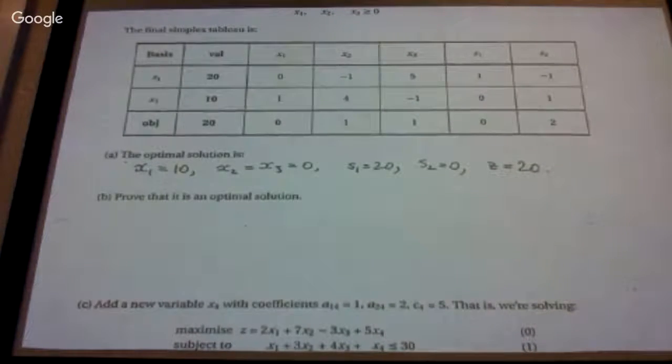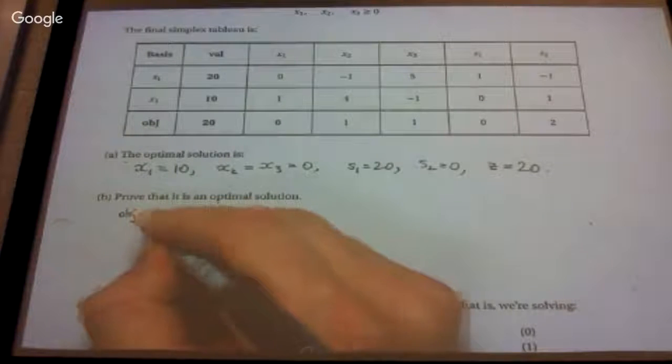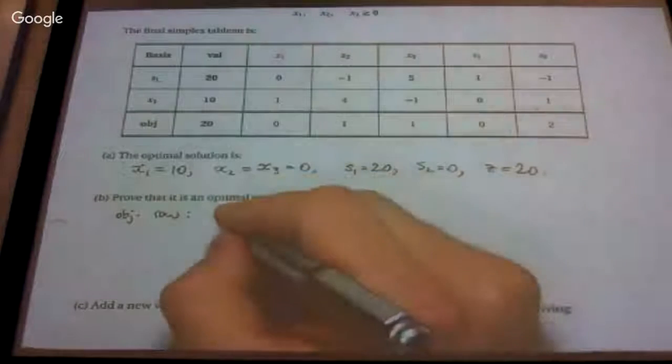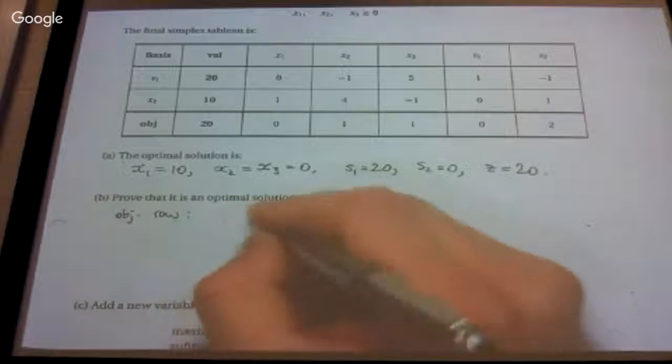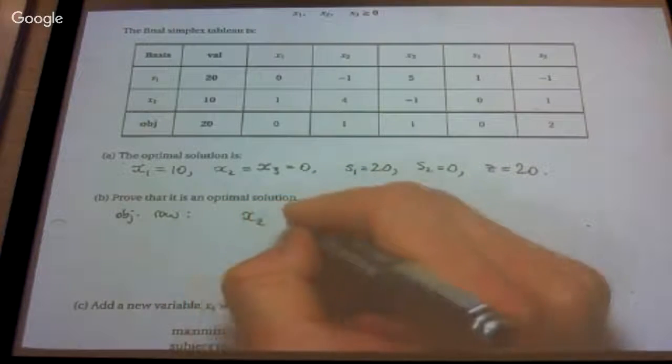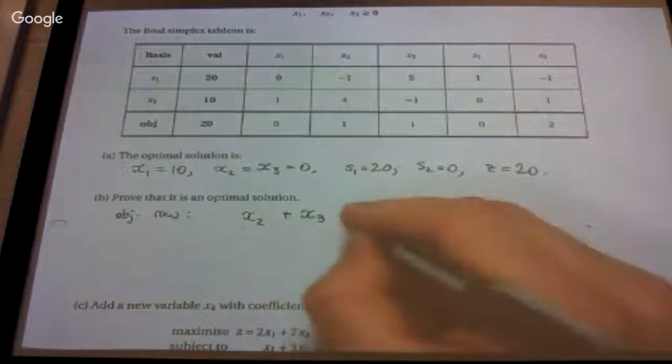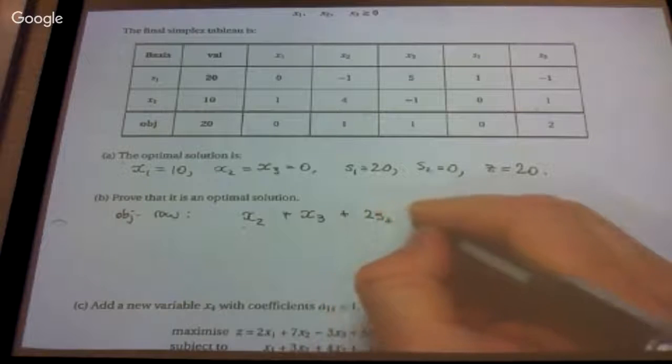And we should also remember that the objective row is in the tableau because when we were doing the Simplex method as simultaneous equations, there was a special equation there, wasn't there? And the equation was that 0 times x1 plus 1 times x2 plus 1 times x3 plus 0 times s1 plus 2 s2 plus z.